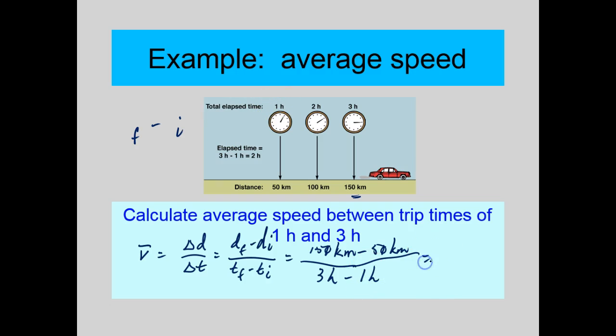Okay? So what's your change of distance? 100 kilometers. And what's your change of time? 2 hours. So what was your average speed? 50 kilometers per hour. Keep your units. They're your friends.